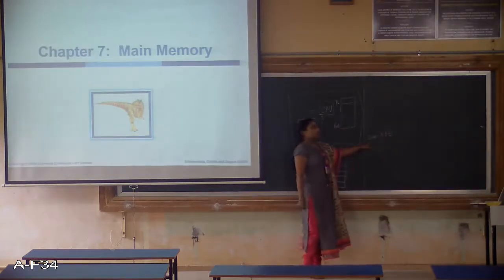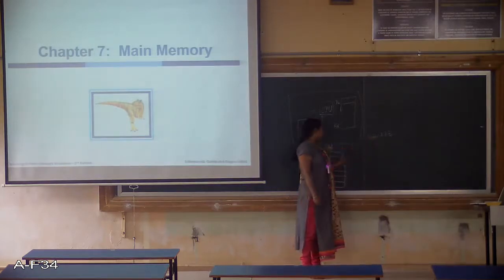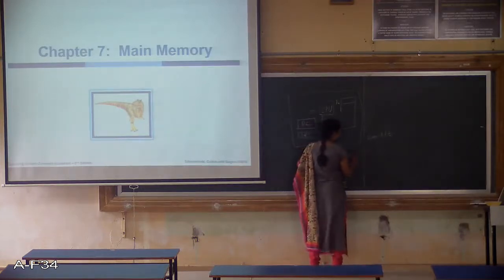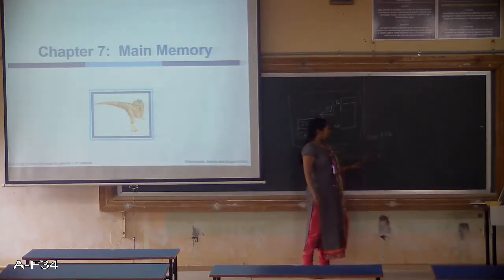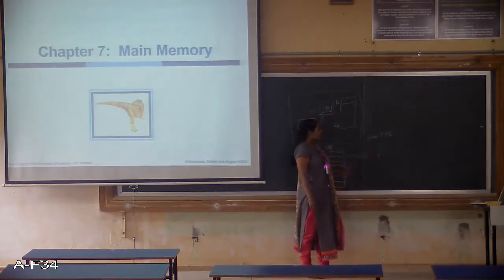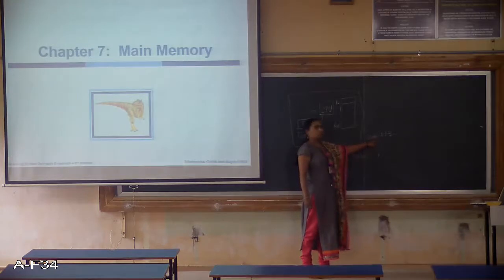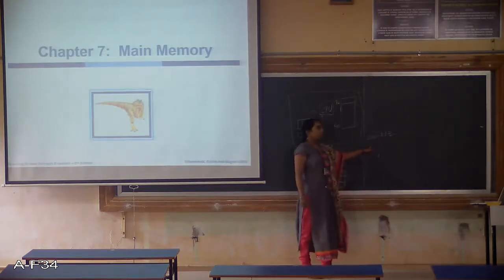This is a symbolic representation of your instruction, but in your RAM it will not be symbolic. It will be ones and zeros. The entire instruction will be in ones and zeros. So sum is a memory location, and equals is stored in this memory location.